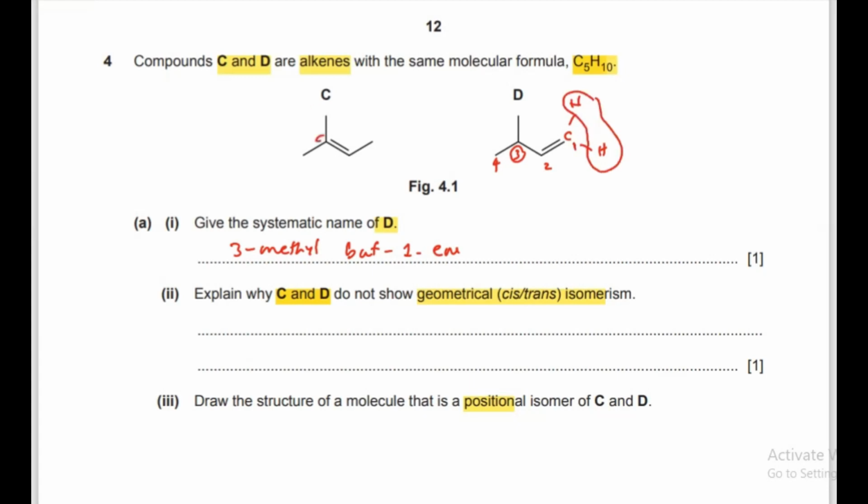This carbon is attached with 2 CH3 groups, so this carbon is also attached with 2 same groups. And in D, this carbon is attached with 2 same groups. So if the same groups are attached on the double bonded carbon, then that alkene will not show geometrical or cis-trans isomerism.